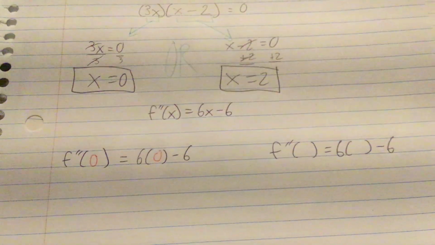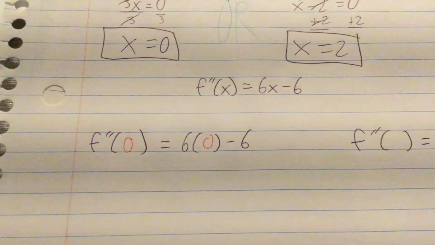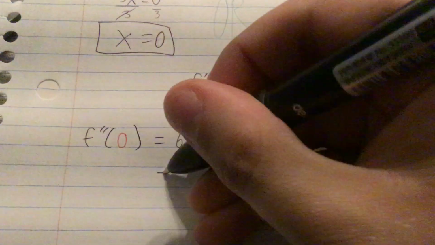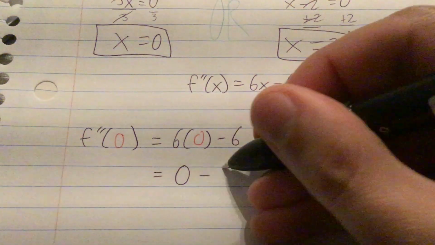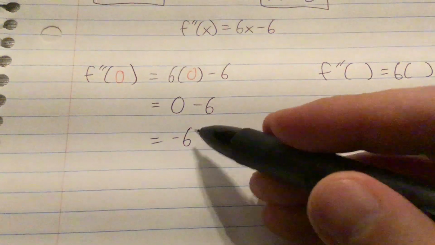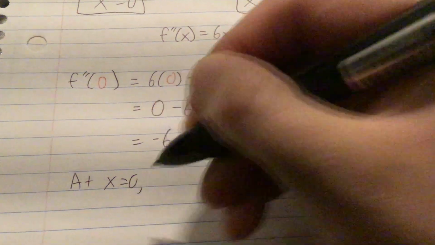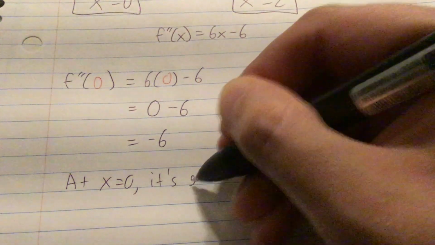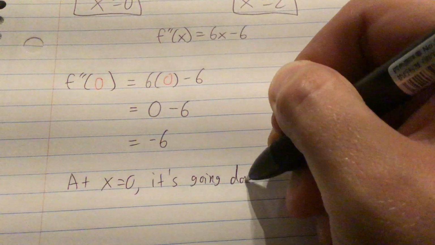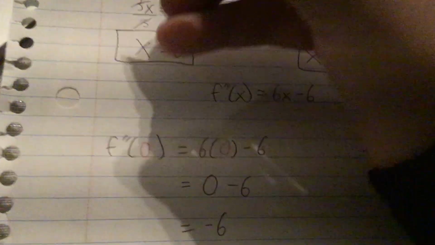If I plug in f double prime of 0, we're trying to figure out what the acceleration is at x equals 0. So that would be 6 times 0, which is 0, minus 6, which would be negative 6. Well, I don't care about the 6 per se, but I care about that negative. So at x equals 0, it's going down. It is a local maximum.